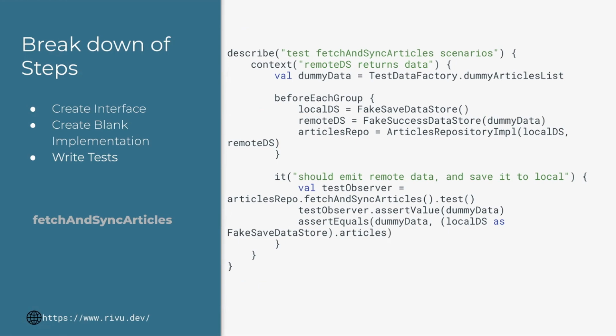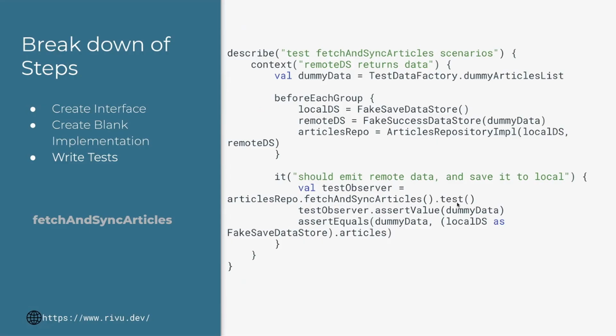Now I am calling articles repo dot fetch articles, and I'm calling the test method here. Test is an Rx function that returns a test observer, and you can assert the values emitted by the test observer.